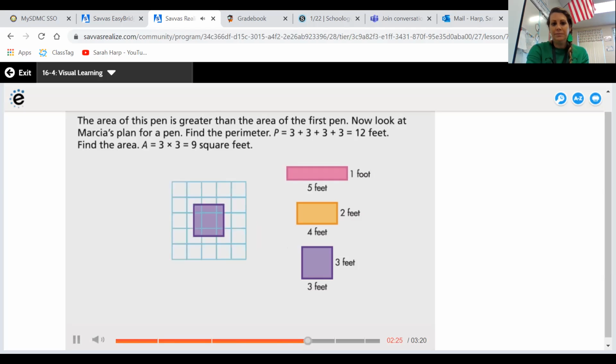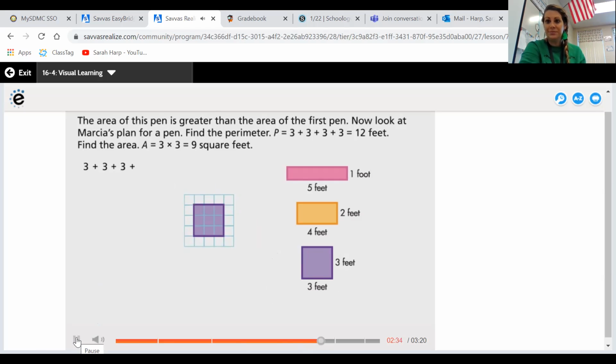Now, look at Marcia's plan for a pen. Find the perimeter. P. Right, I want you to think about the perimeter. Think about what are we going to add if we know that a square has all the same length sides. Think about that. P equals 3 plus 3 plus 3 plus 3.